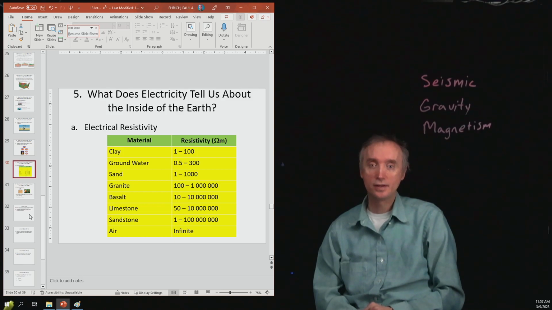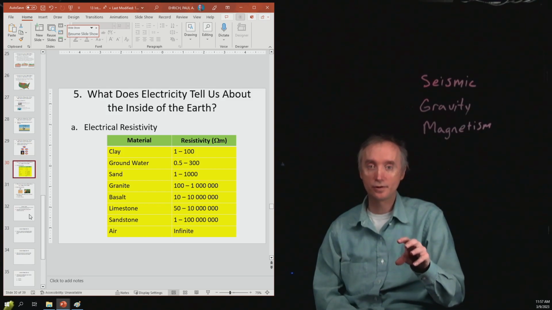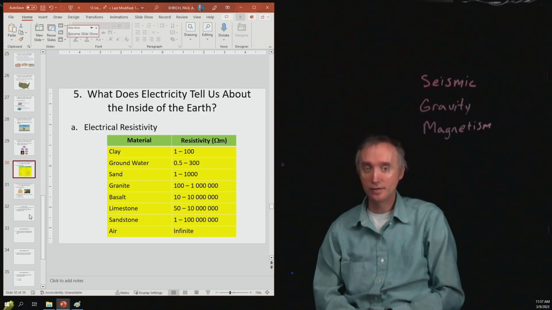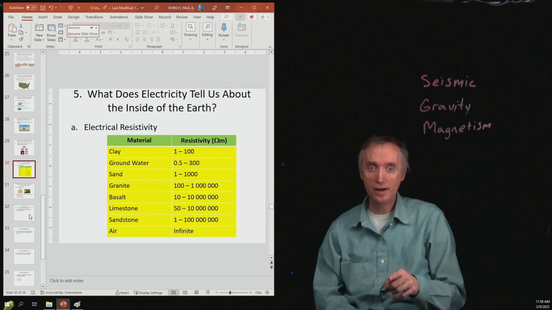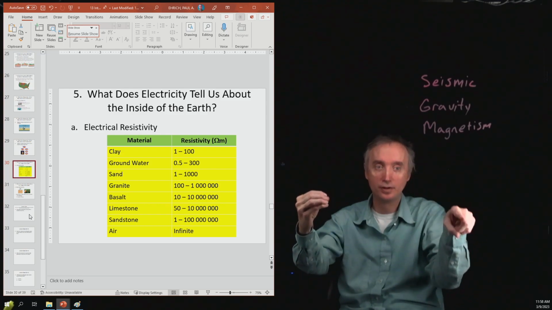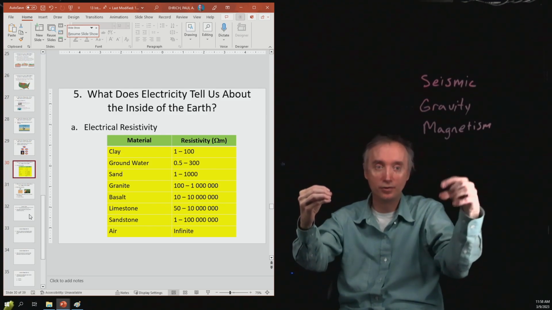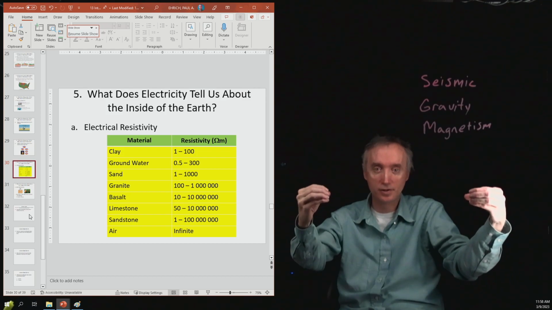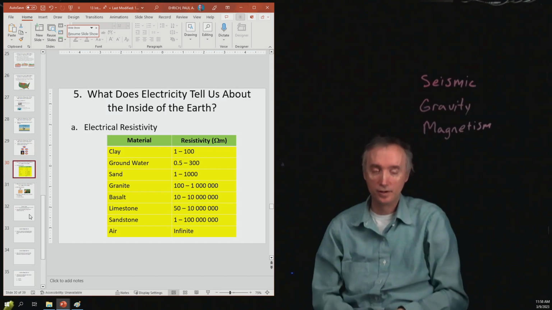And then you can see that there are other kinds of materials typically found inside the Earth, and you can see what their resistances are. Notice for air, it has an infinite resistance, because if you got electrons over here, they can't jump across the air in order to get over to here. So air has an infinite resistance to the flow of electricity.